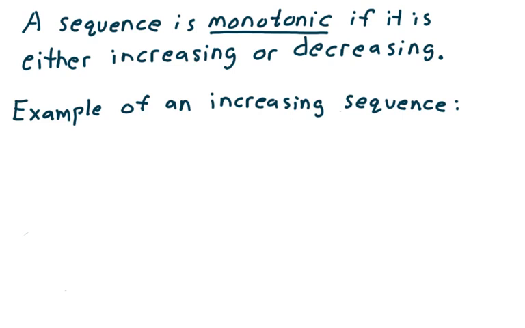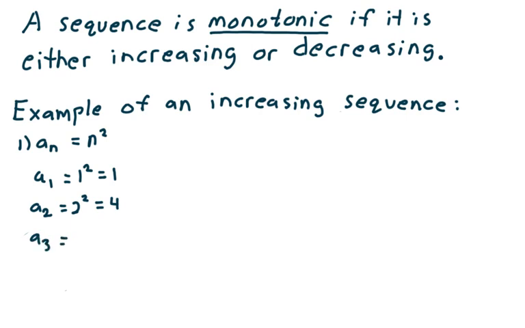So for here, you can let a sub n equal n squared. All right? Now, I want you to notice, let n equal 1. And so a sub 1 is 1 squared equals 1. A sub 2 is 2 squared, which equals 4.